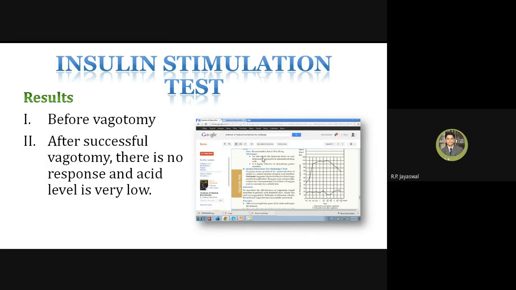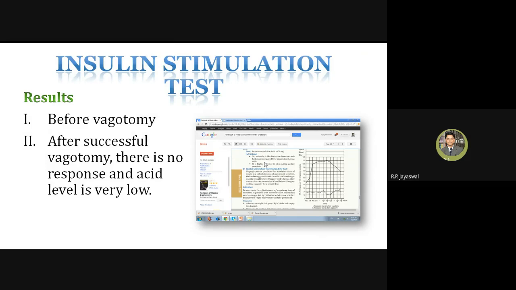This is a screenshot of one of the pages from the textbook of medical biochemistry by Chatterjee and Rana Shinde. You can find this about the insulin stimulation test. When we inject insulin, it causes hypoglycemia, and hypoglycemia can lead to increased gastric acid secretion. This is the concept for the insulin stimulation test.